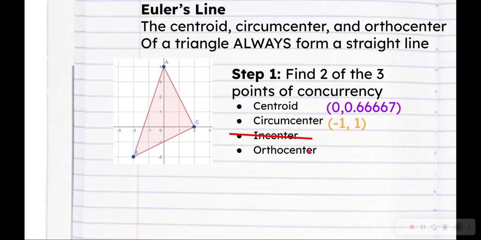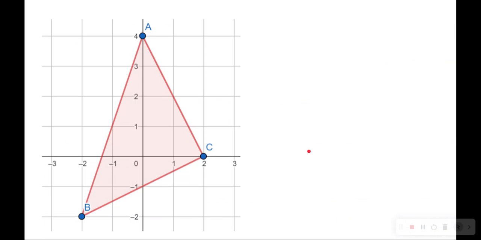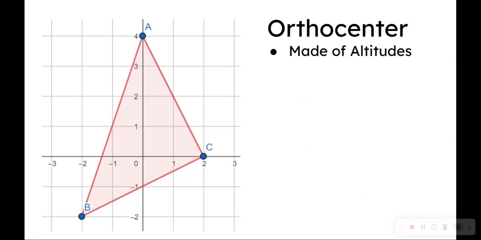The orthocenter is made up of altitudes. We just talked about that last class. The way you find the altitudes is you find the base, and then from the top point, you draw the perpendicular slope to the opposite side. You find the slope of the side, find the perpendicular slope, and apply it to the opposite angle.